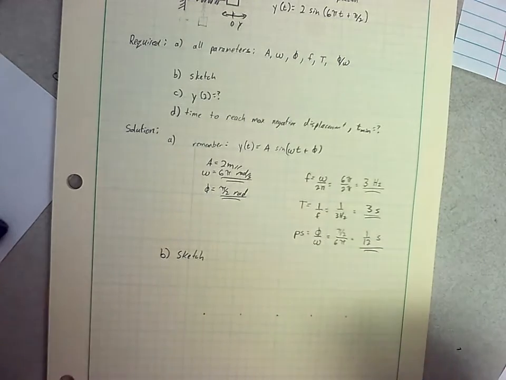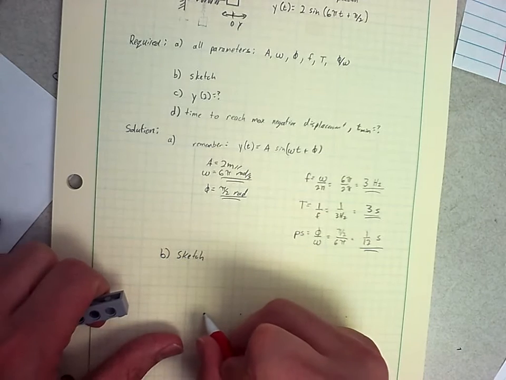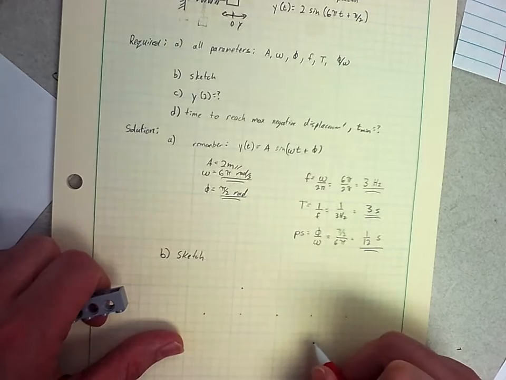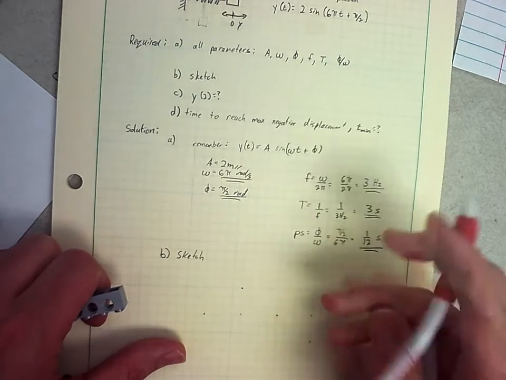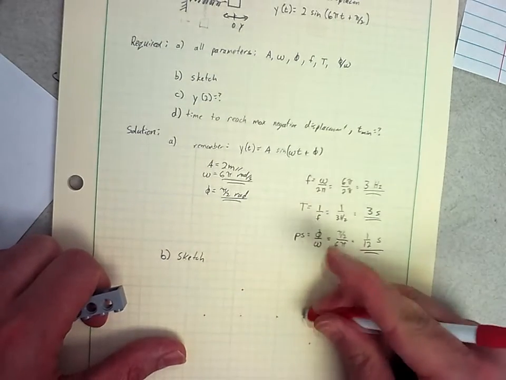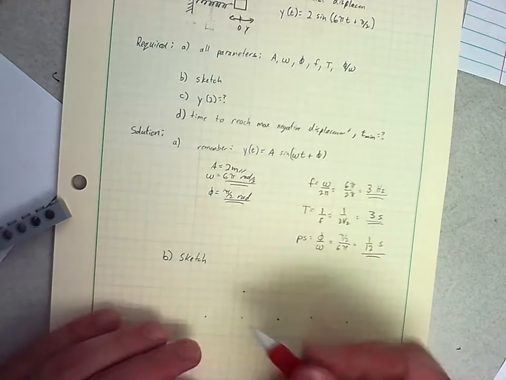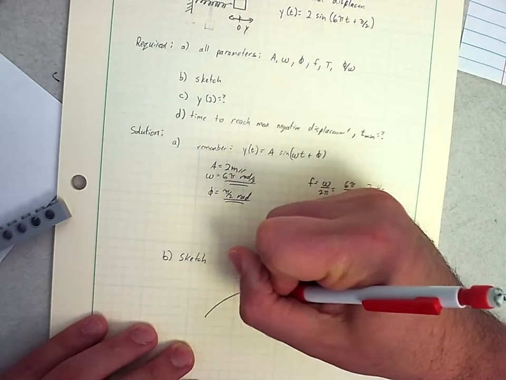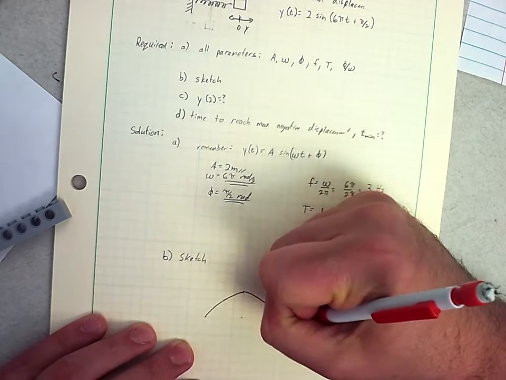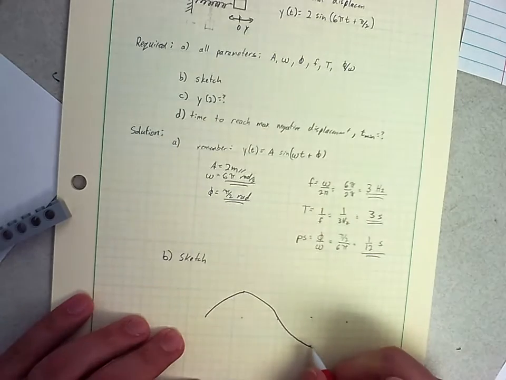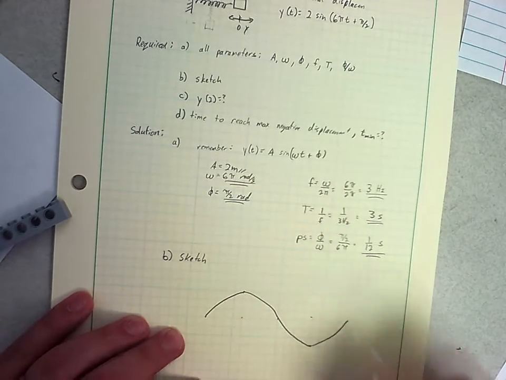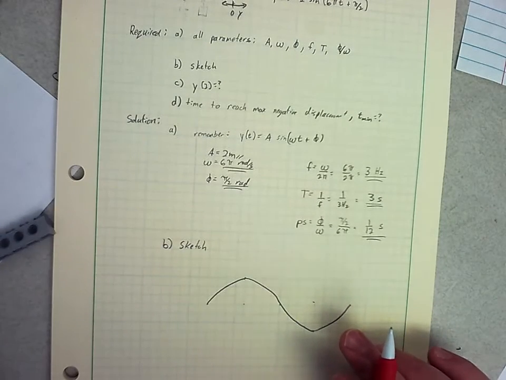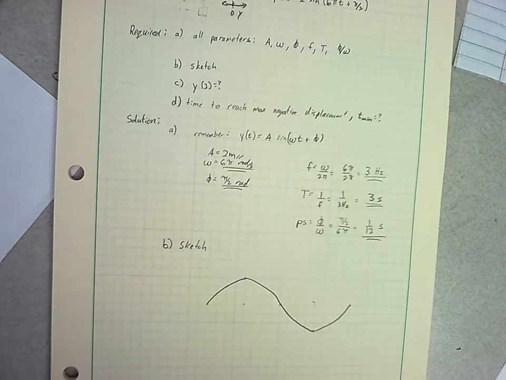It doesn't really matter what the numbers are right now, but I know I want to start here, go up, come back down, go down, come back up, and make sure I've got my spacing right. Then I just try to draw a nice smooth curve. So I draw my sinusoid, and then the next part is figuring out where I need to label things.